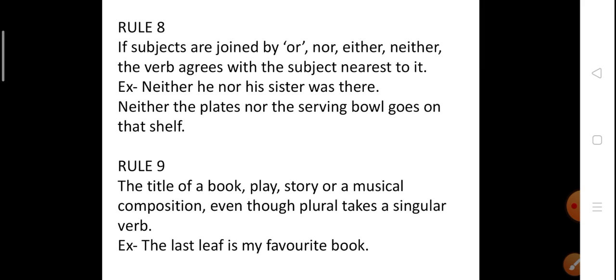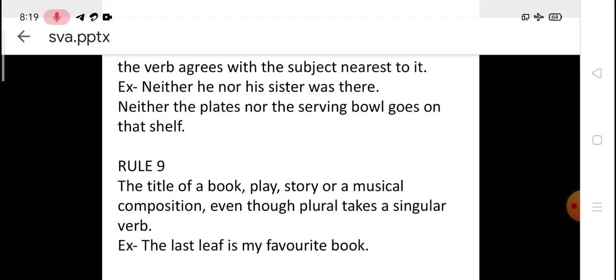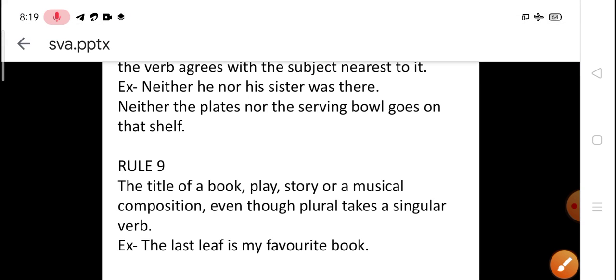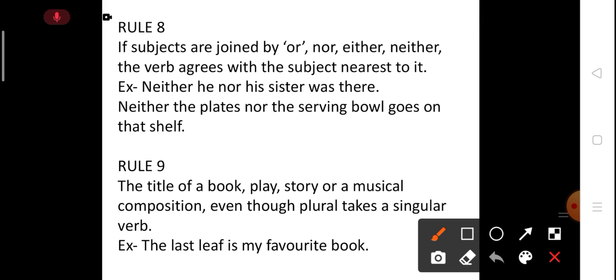For example, neither he nor his sister was there. Now was is the verb here and it is singular. How is it singular? Because the subject nearest to was is sister, and sister here is singular. That's why we are using the singular verb.